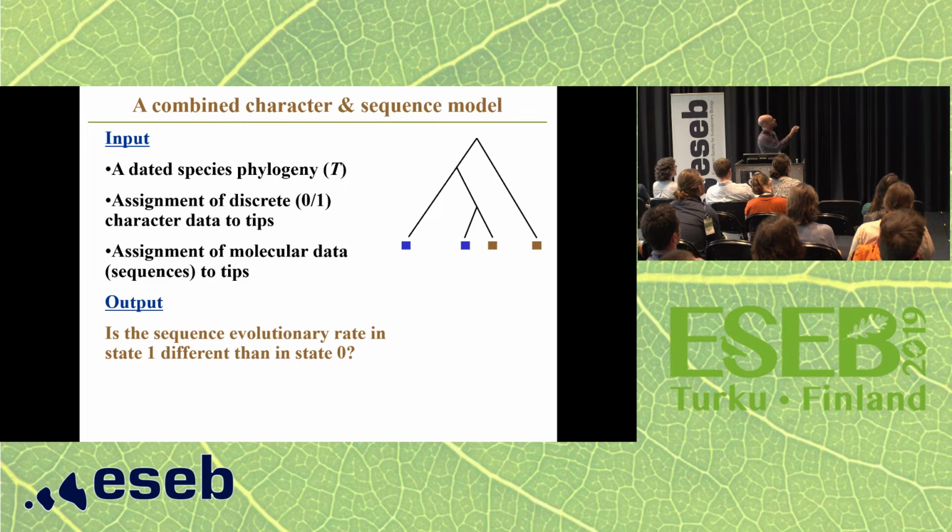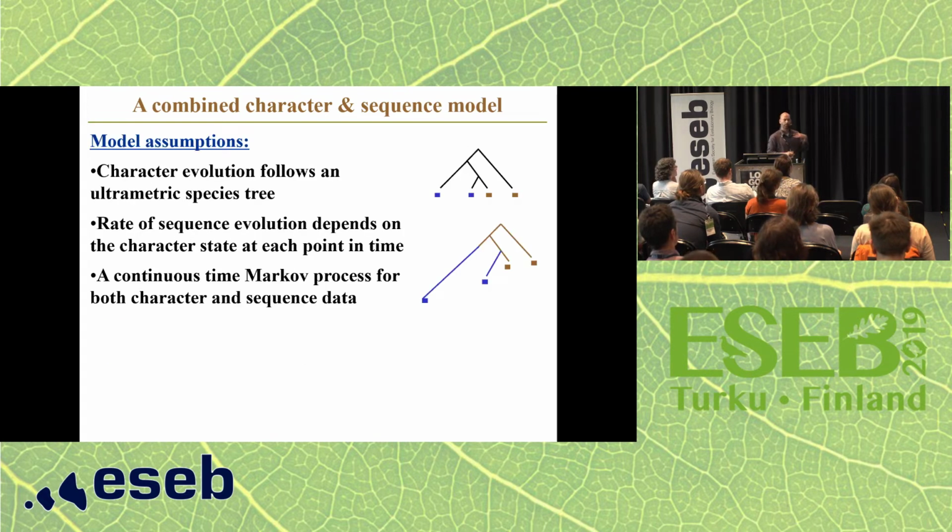So let's say we have trait data that is blue or green, and obviously we are given the multiple sequence alignment or the sequence data at the tips. And our question in this method is to ask whether the sequence evolution rate in state 1, the blue state, is different compared to state 0.